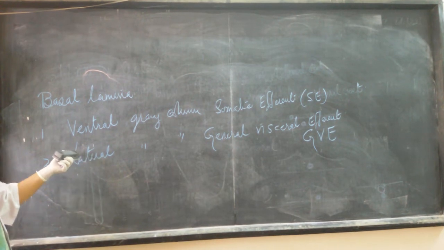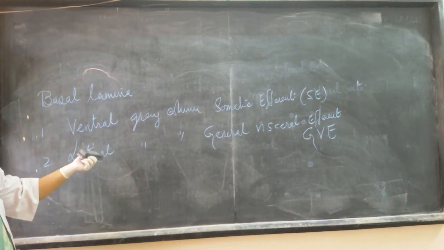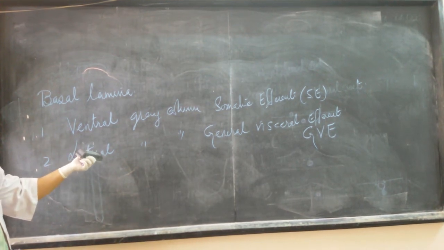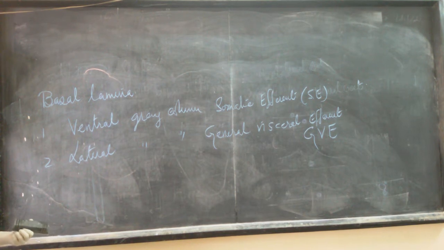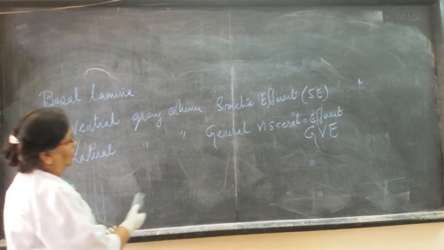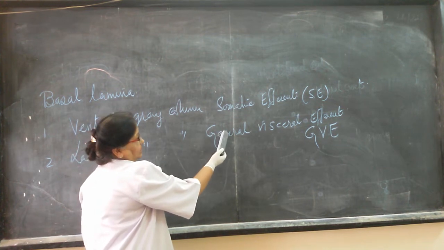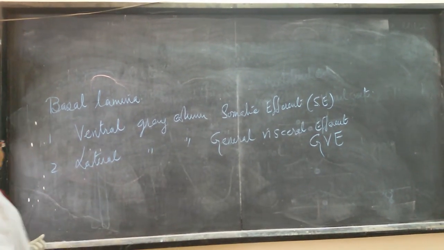These are the neurons present in the lateral grey column, and they form the sympathetic part and sacral portion of the parasympathetic part of the spinal cord. This is related to autonomic system, sympathetic and sacral part of parasympathetic.